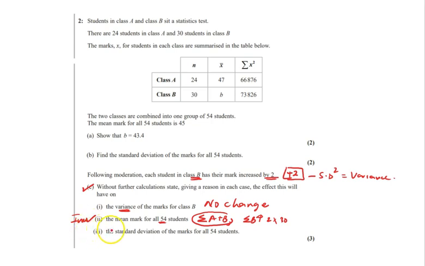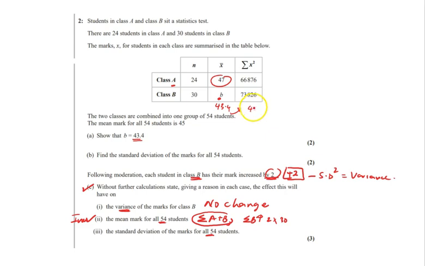Now, what about the standard deviation of the 54? The standard deviation of the 54 is going to decrease. Why is it going to decrease? Because when you look here, class A has a mean of 47, and class B has a mean of 43.4. That means that when you increase by 2, this number is going to become closer.